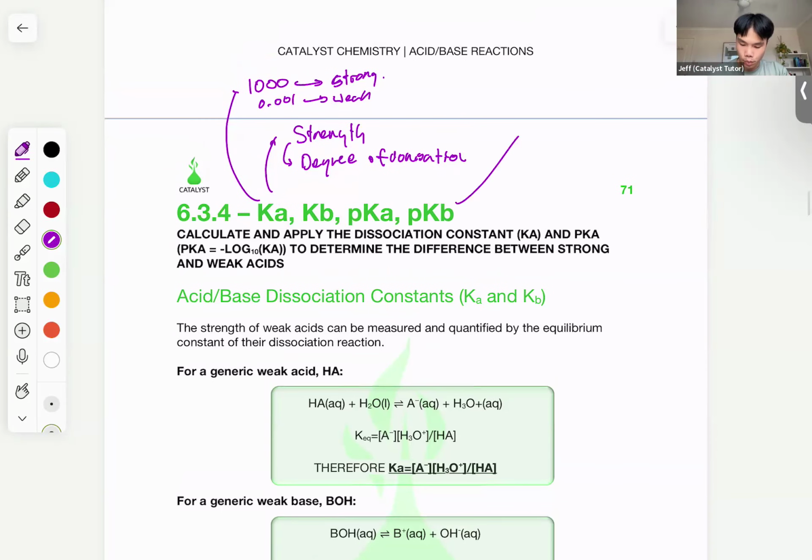What's the turning point for pKa and pKb? What would make a strong acid or weak acid for pKa? Low pKa, small pKa, not quite.